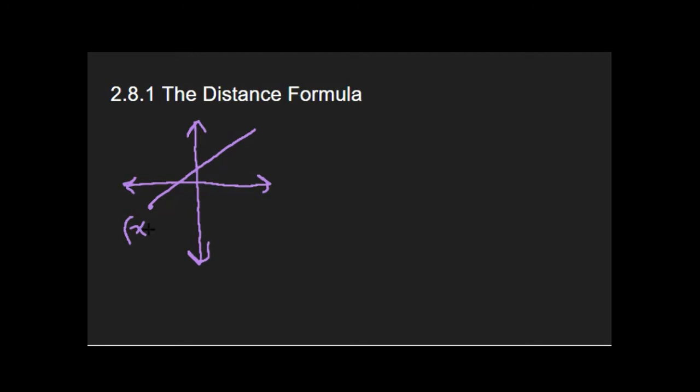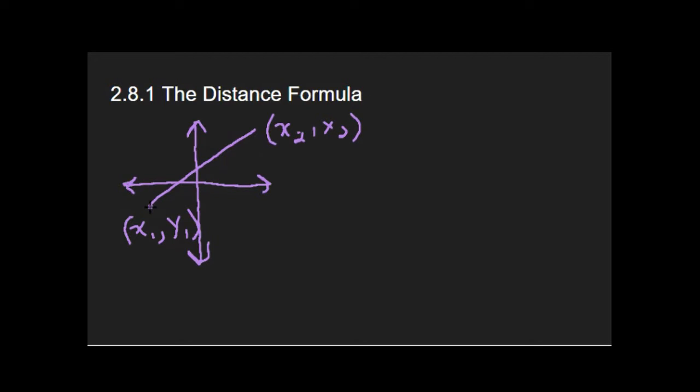One has a coordinate at x1 and y1, and the second one has a point at x2 and y2. So those are the locations of the endpoints of that line.